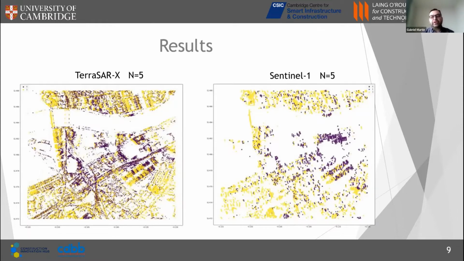If we compare with the velocity map, the purple corresponds to those points with significant subsidence in the area, and the yellow corresponds to points where there is no significant subsidence. So it is effective, for instance, for detecting ground displacements.